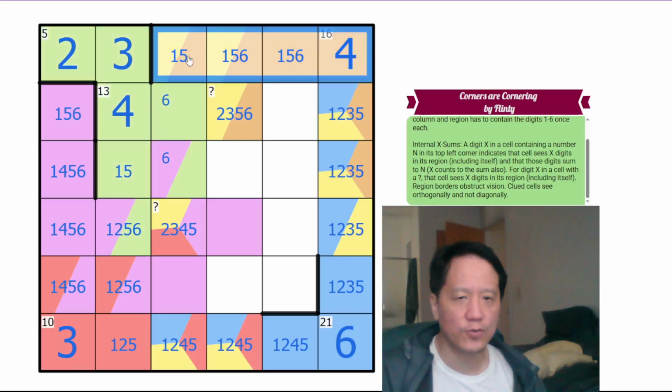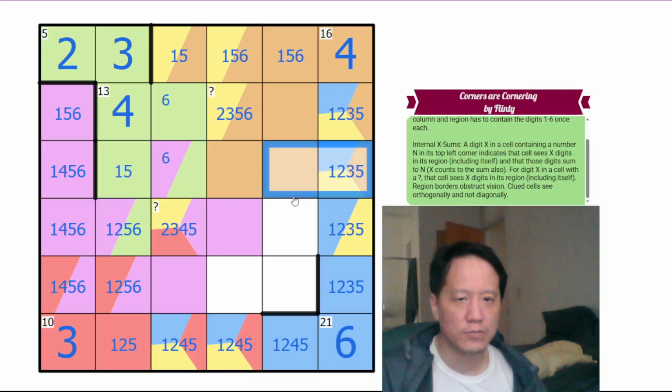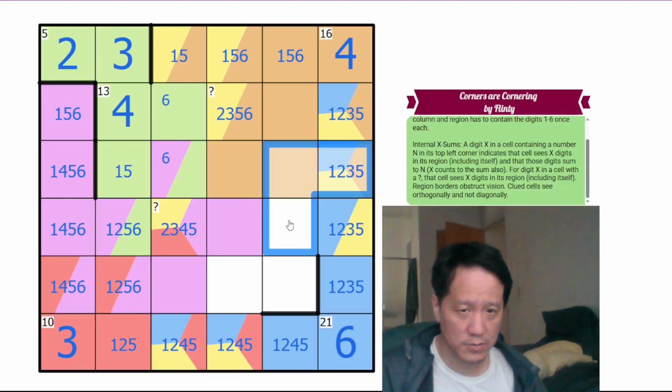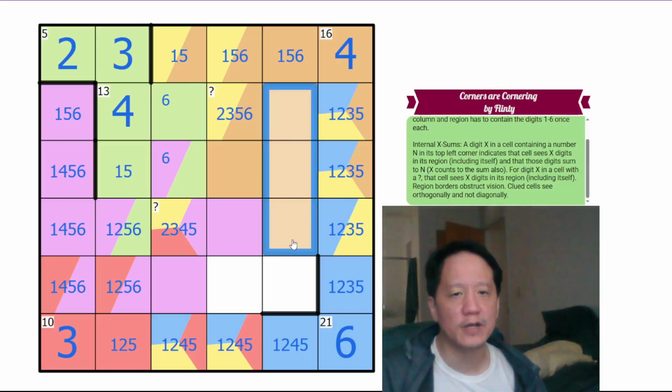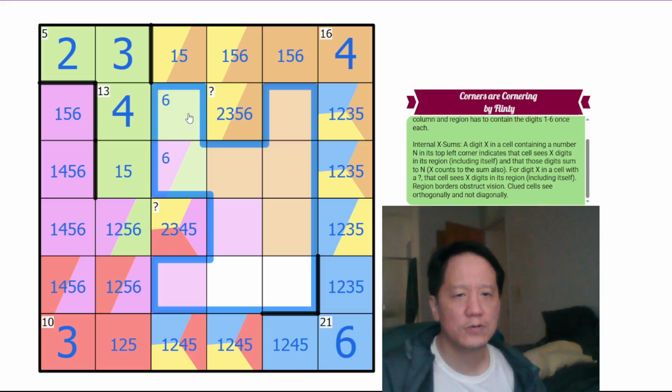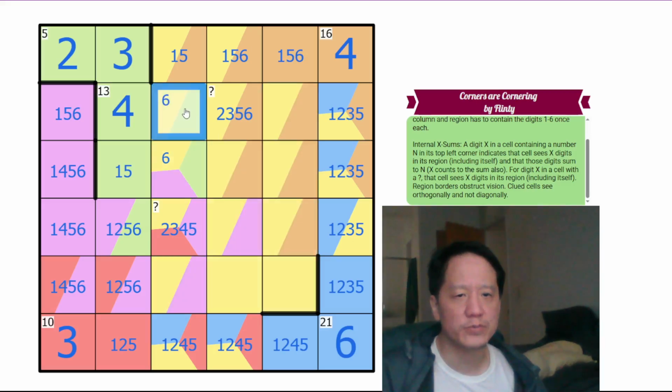Orange sees 4 in these directions and 2 more. Go 2 more. Or 1, 2 technically. Blue cannot be any of these cells. And then the rest are yellow. So this could be yellow. This could be orange. 1, 2.